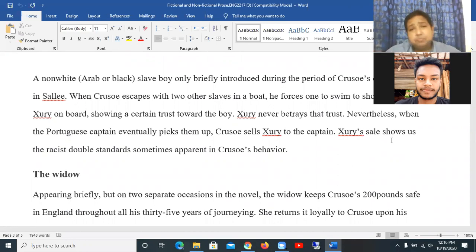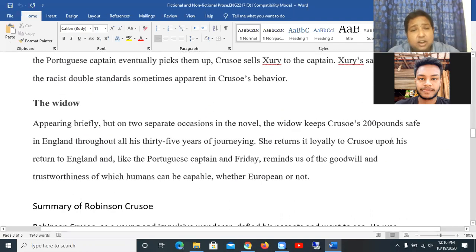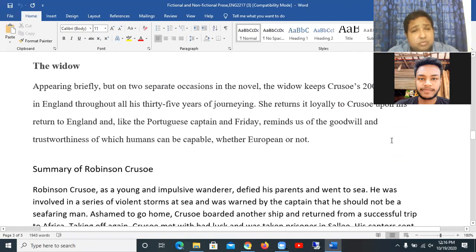You see that. So the next character we have is the character of a widow. The character of a widow is important, but like the Portuguese captain, we don't know her name here.